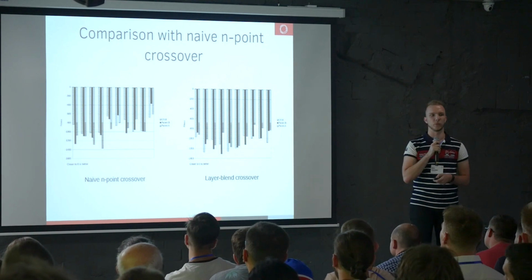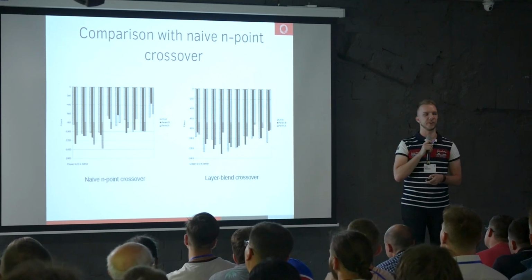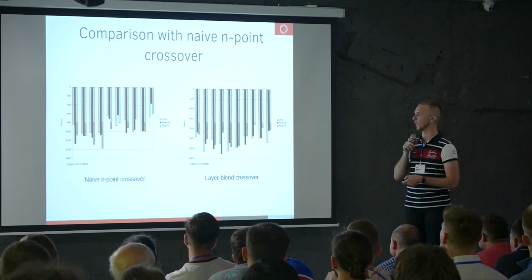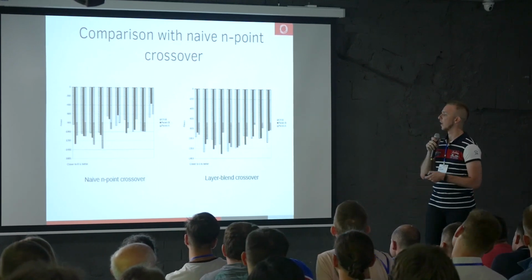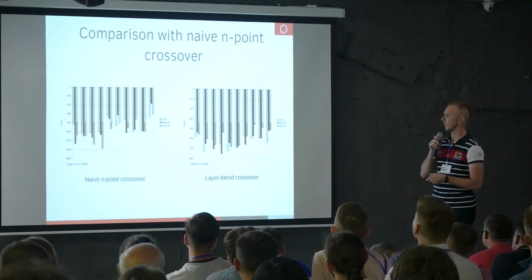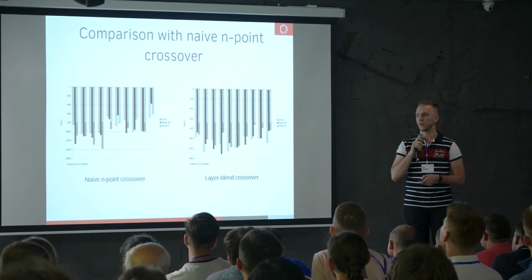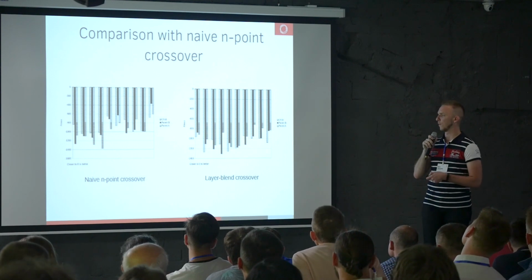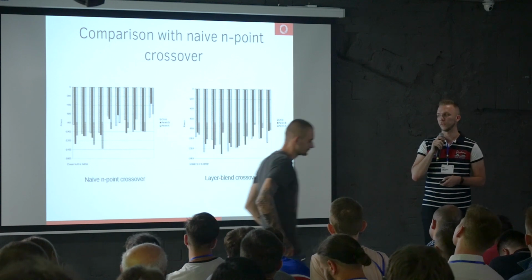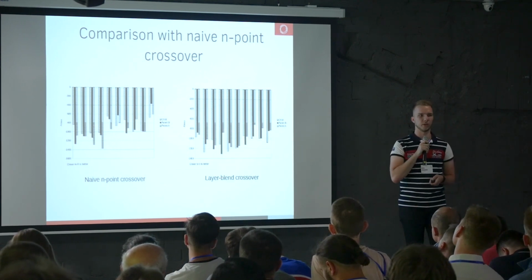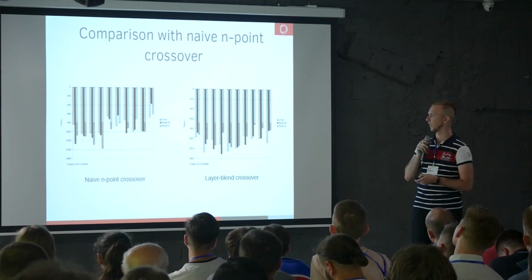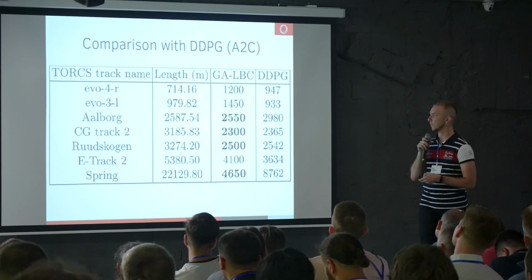That is bad because we generate degenerate offspring that will not make good sense for our task. For layer blend crossover, for almost all of them, the child agent gets fitness in between these parents, or more than the fittest parent, which is really great. And I was surprised that such a simple approach gave such a great result.